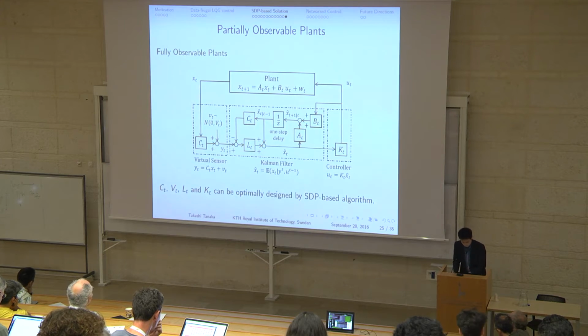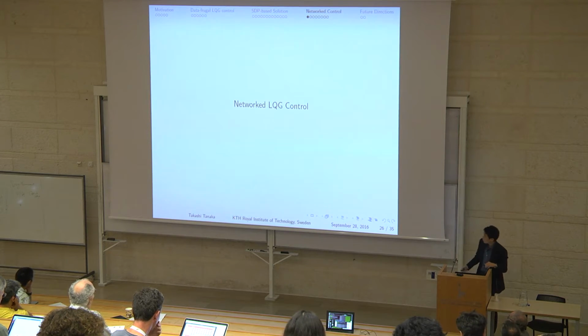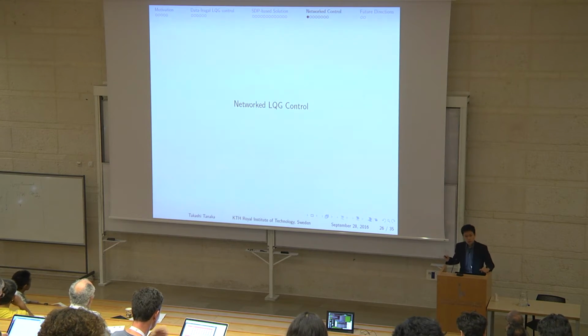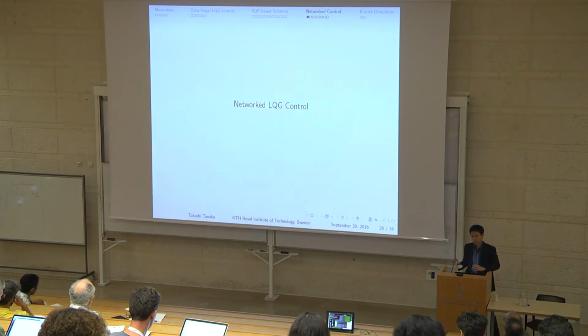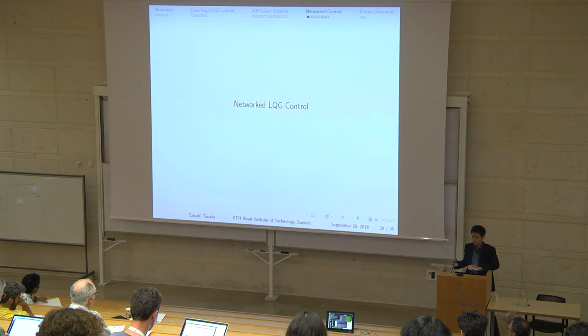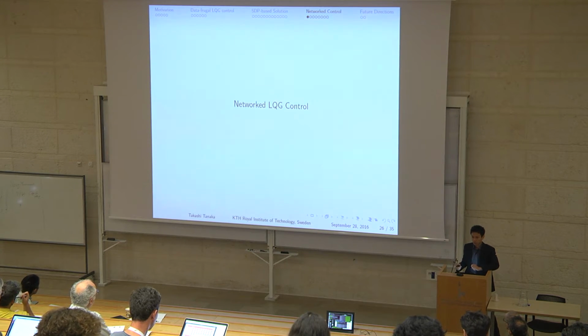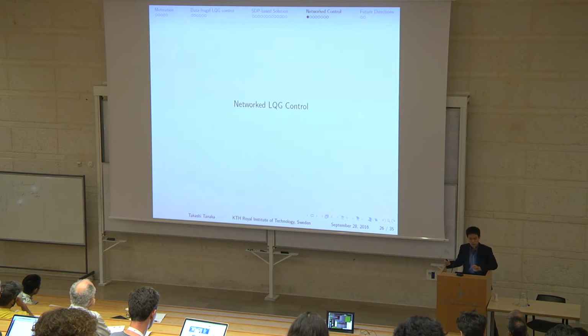So for the rest of my talk, I'd like to present one application of this result in the context of networked LQG control. And the reason why I want to do it is to have strong evidence that the directed information is the right quantity to look at. Notice, for instance, that there's a notion of channel capacity, which is essentially computed by maximizing the input-output mutual information.